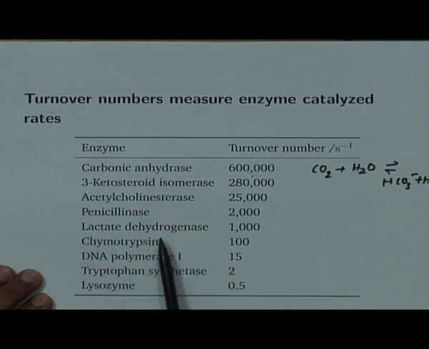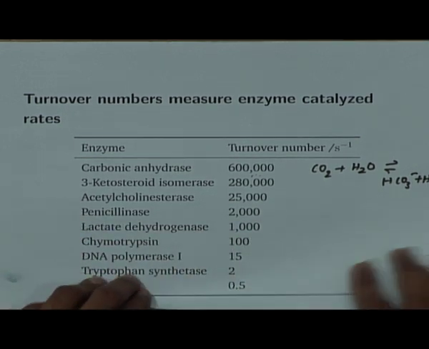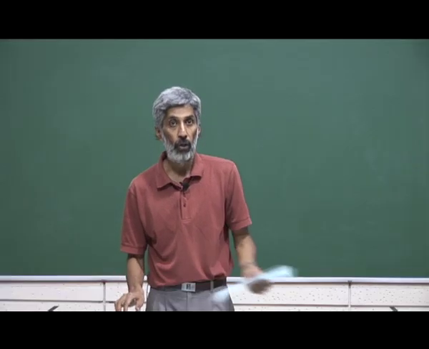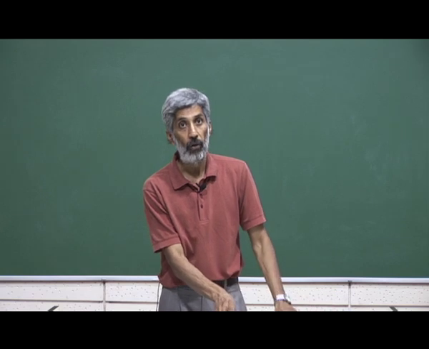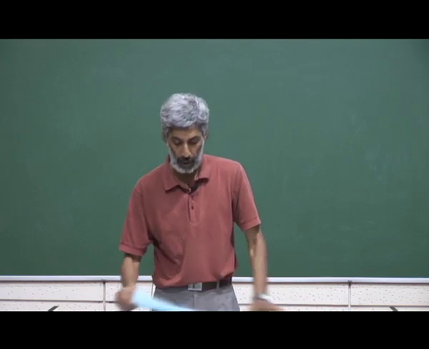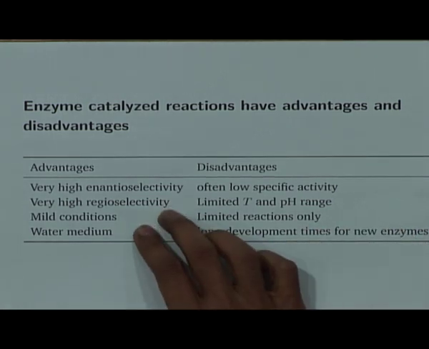So, all of these enzymes are present in the body, and they have various levels of activity. Of late there is also use of enzymes for industrial production of compounds, and there are advantages and disadvantages for enzyme catalyzed reactions, and they are listed here.